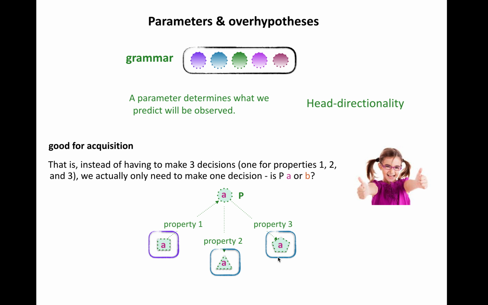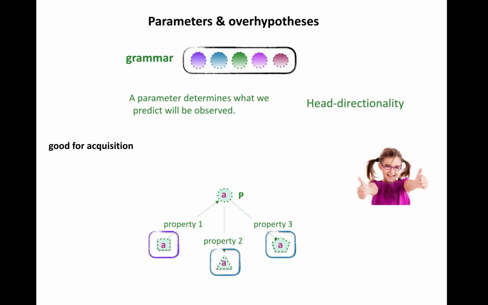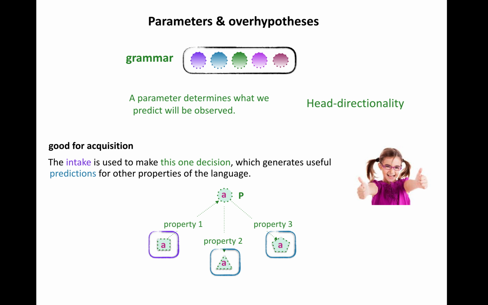And that is, instead of having to make 3 decisions, 1 for each property, you actually only need to make one. Is P, which connects to all of them, A or B? Once we know that, we know everything, right? That's the power of parameters from the perspective of acquisition. So the intake of the child is used to make this one decision, which generates useful predictions for a variety of other properties of the language.